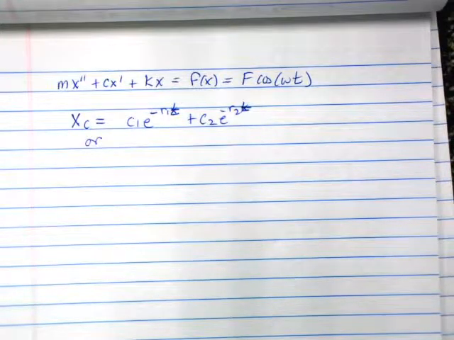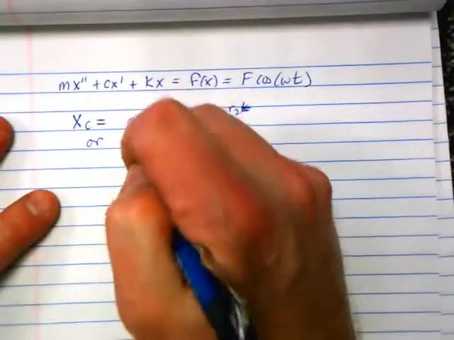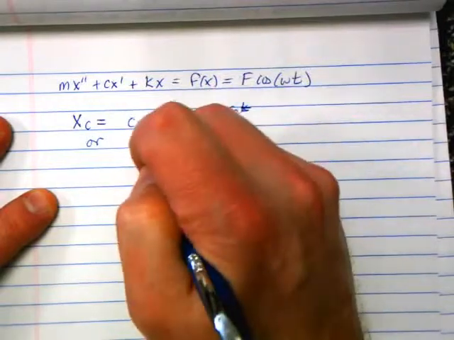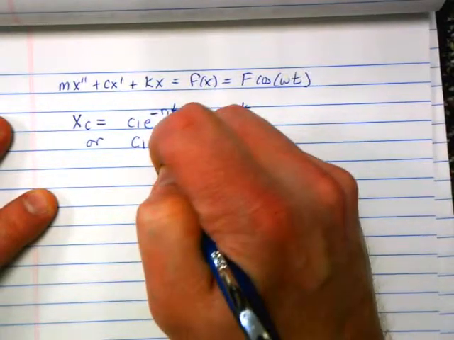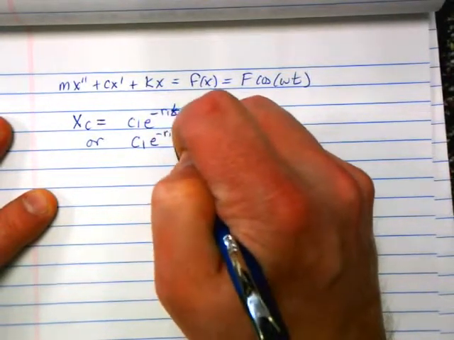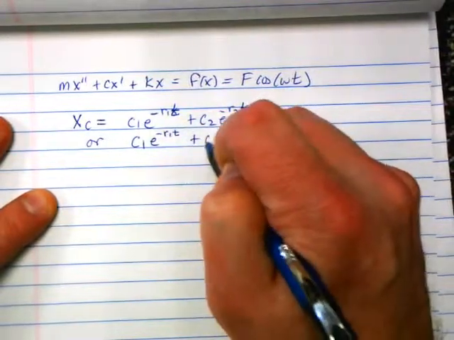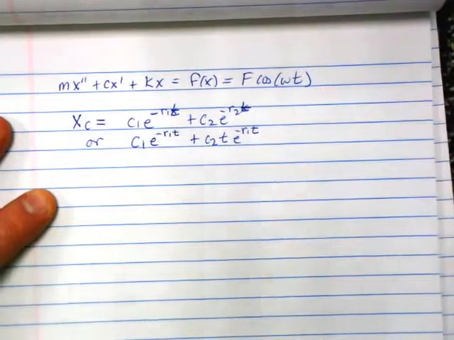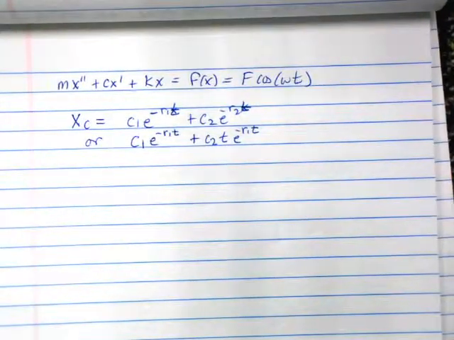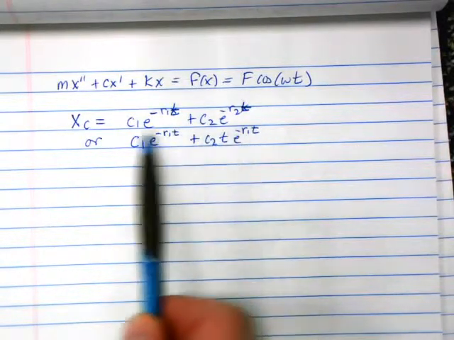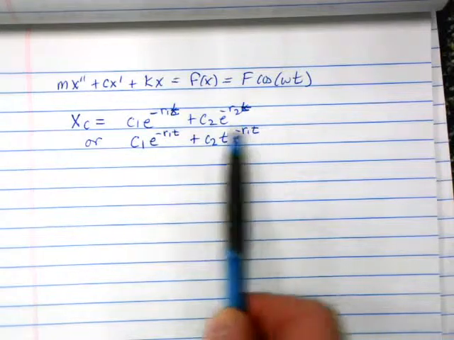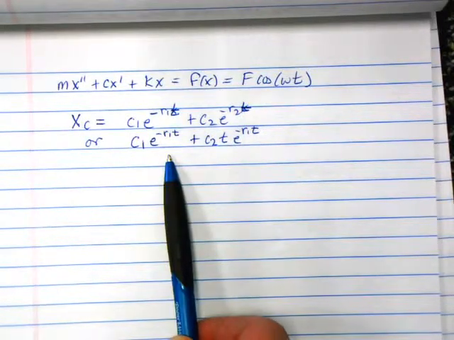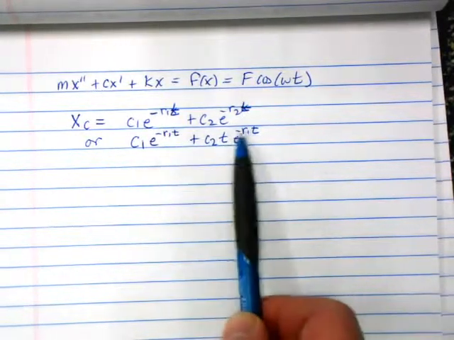We would have C1 e to the minus R1t plus C2 t e to the minus R1t. But once again, when t gets big, this function is going to get close to 0 because we have these negative exponents again.